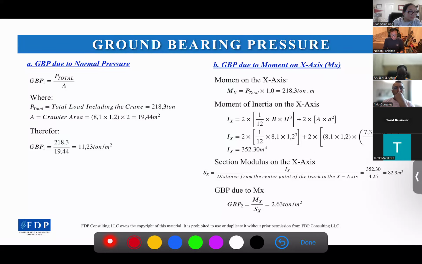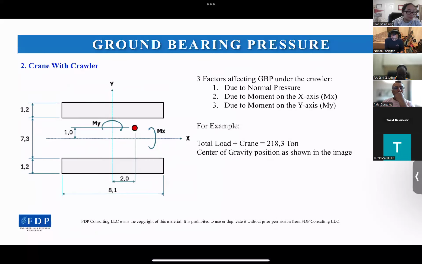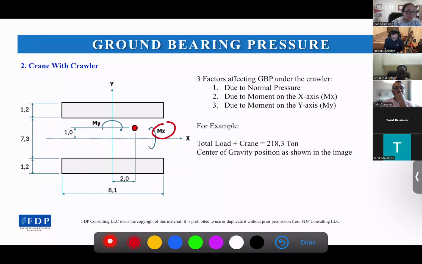As we know, the formula to calculate moment force is load times the offset measured from the origin axis. So if we want to calculate moment x, then we use the offset to y. This is the moment x, right?